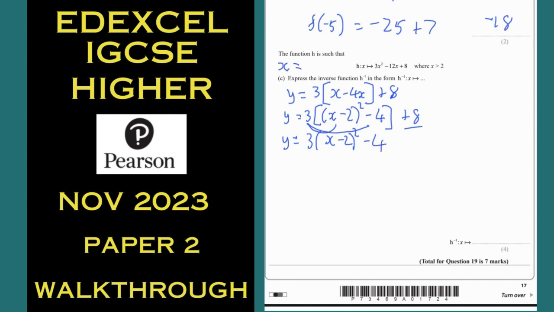But the key to it is we can now rearrange it to make x the subject. So let's get rid of the -4 by adding 4 to both sides. Let's divide both sides by the 3, because it's 3 times the brackets.